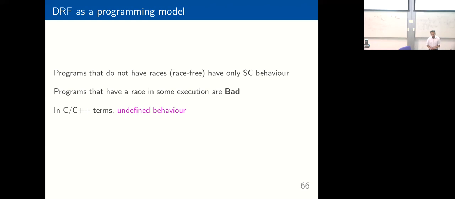How this is implemented, we'll come to that later. But as a programming model, that's quite nice. If you don't write races, you get sequential consistency. If you write races, you're a bad person. You'll get a rap on the knuckles. In fact, you'll get more than a rap on the knuckles in current C and C++. You'll get undefined behavior. Your programs can do whatever, in the usual C and C++ way of saying things are bad, things are undefined.